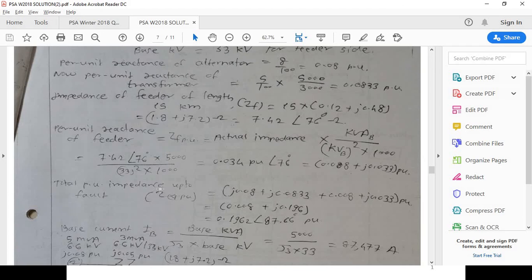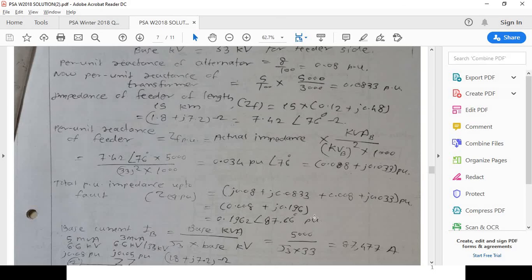Now the total per unit impedance up to the fault point, Z equivalent per unit, is equal to the addition of all these reactances. So the reactance of the alternator, that is 0.08, plus j 0.0833, that is the reactance of the transformer, plus the feeder reactance, that is 0.008 plus j 0.033 per unit.